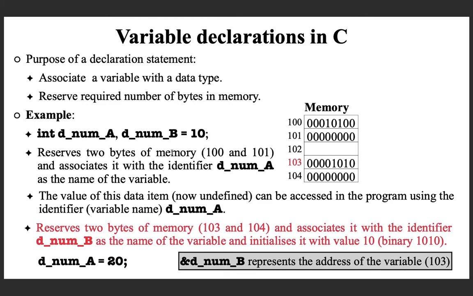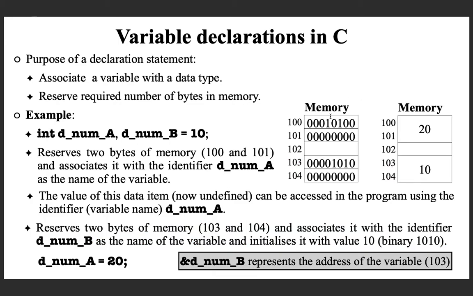And now, suppose you have a variable name like dnum B, then if you just use ampersand dnum B, this represents the address of the variable dnum B. The variable is allocated in this memory, and this address is actually the address of the first location, which is 103. So ampersand dnum B is nothing but its address. Later, when we discuss input statements, we need to refer to it.